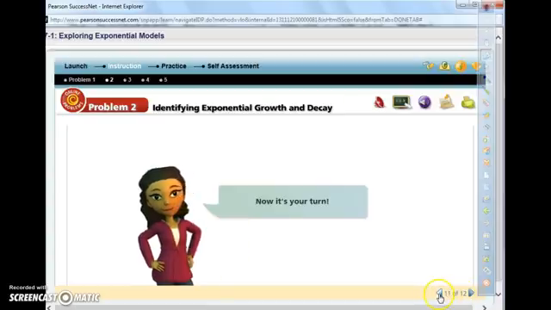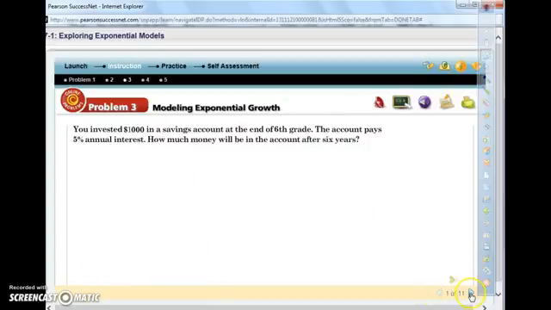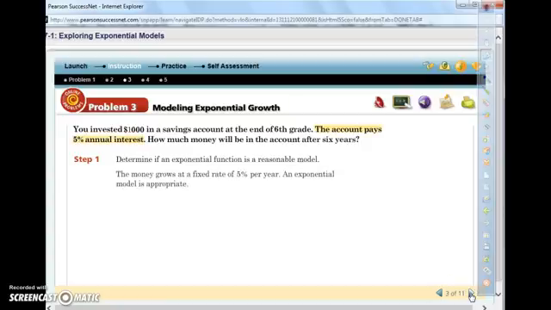Now it's your turn. Step 1. Determine if an exponential function is a reasonable model. The money grows at a fixed rate of 5% per year, so an exponential model is appropriate. Step 2.